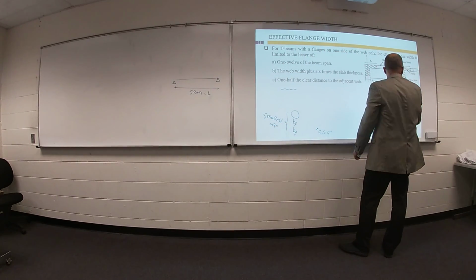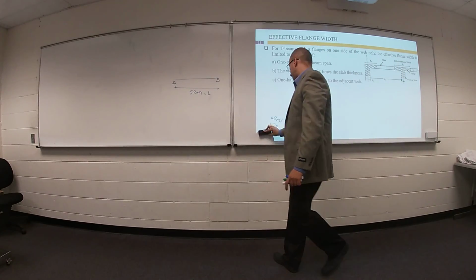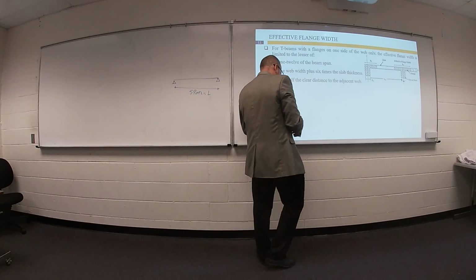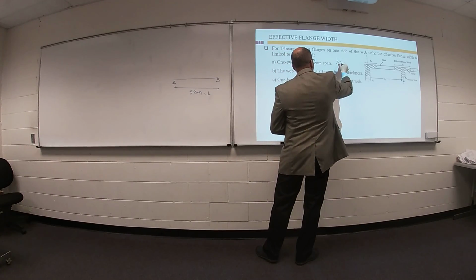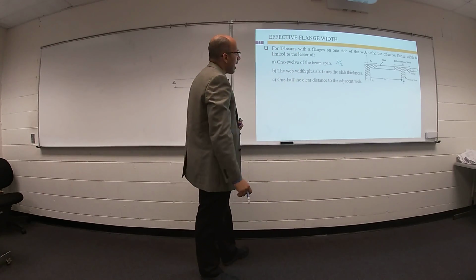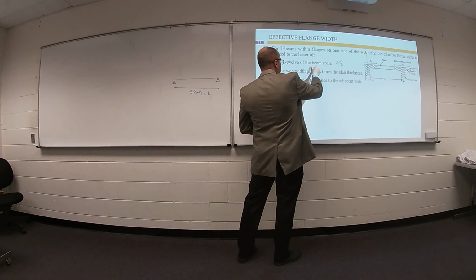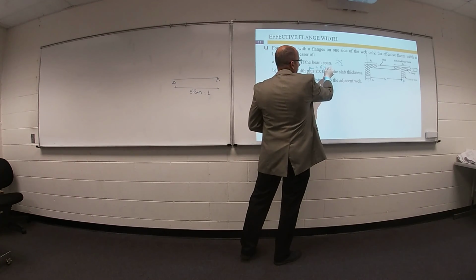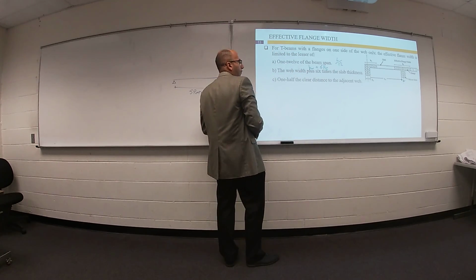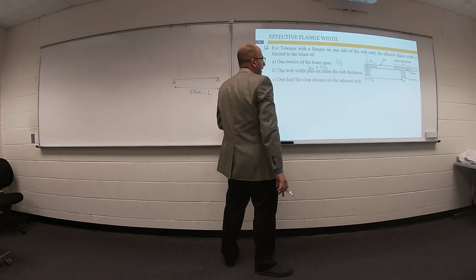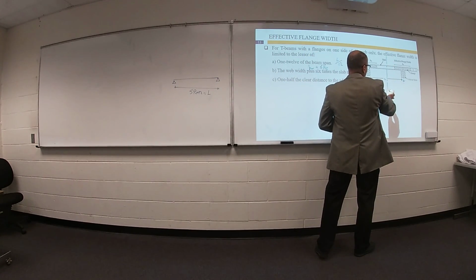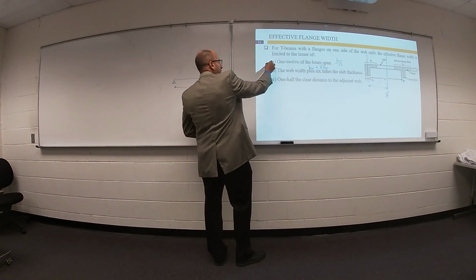The effective flange width equals 1/12 of the beam span, your span divided by 12, or the web width B web plus 6 times H flange, or 1/2 the clear distance from this center line to your beam. So what is the smallest value?